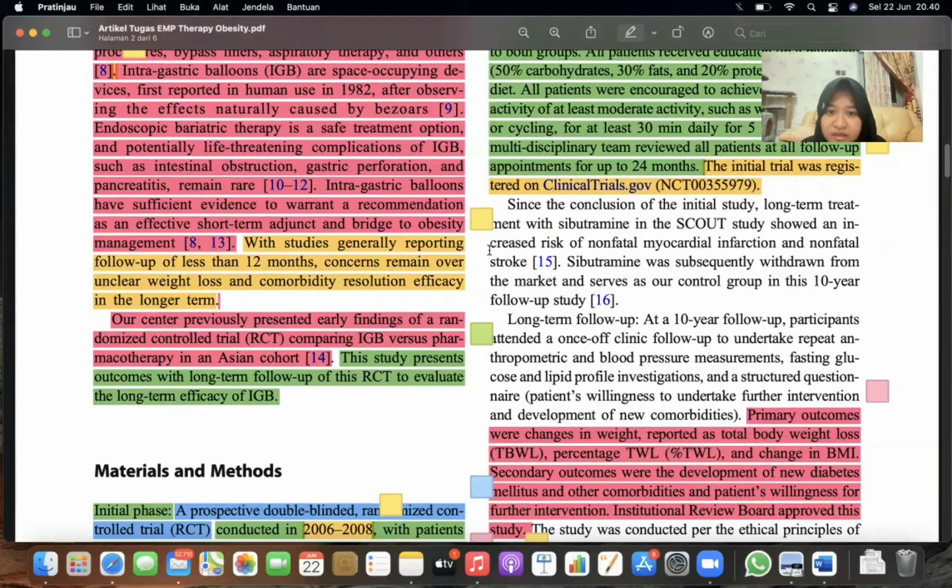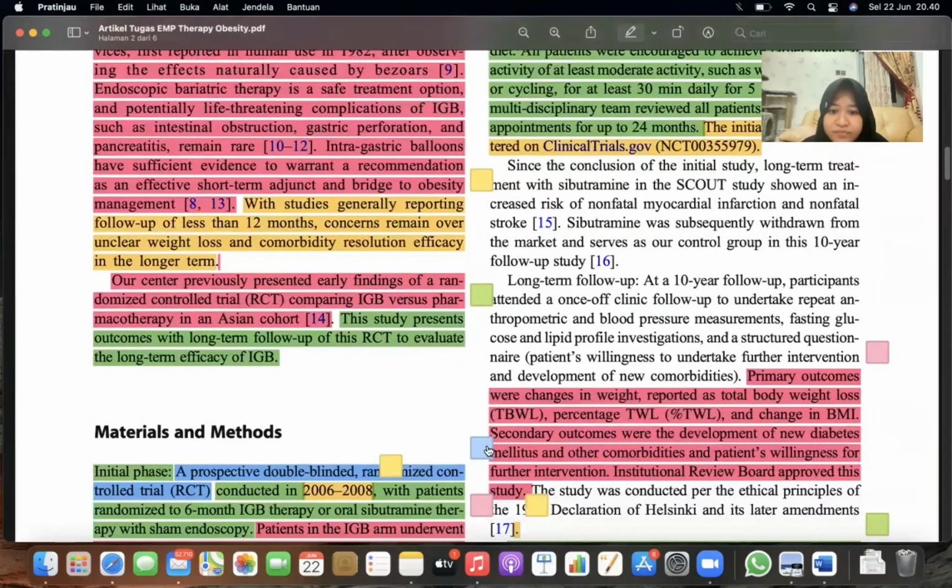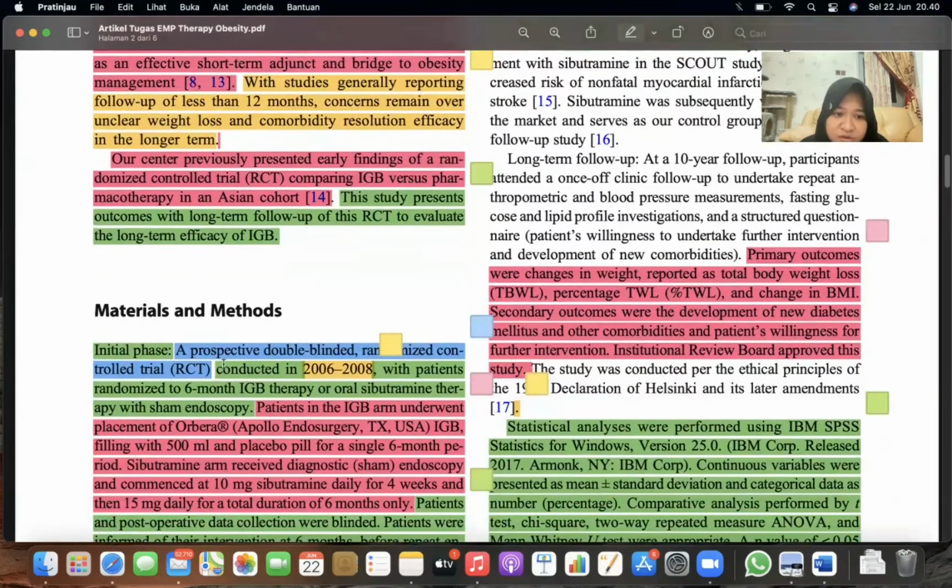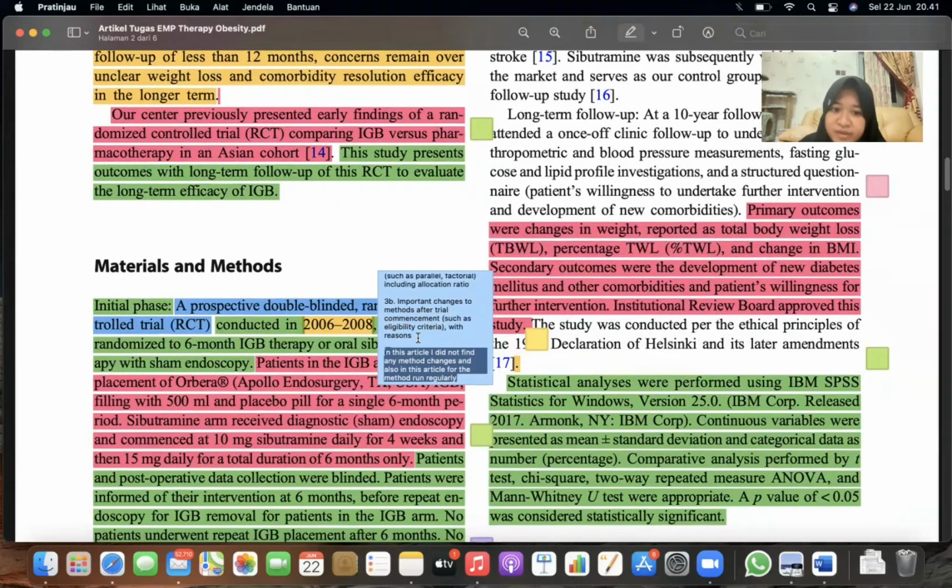After that, the next is number 3A, description of trial design, such as parallel, factorial, including allocation ratio. A prospective double-blind randomized controlled trial, RCT. After that, number 3B. In this article, I did not find any method change, and also this article did not report any change to the method.